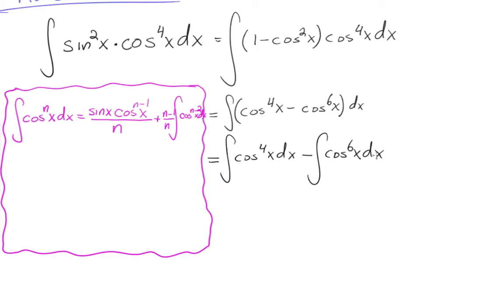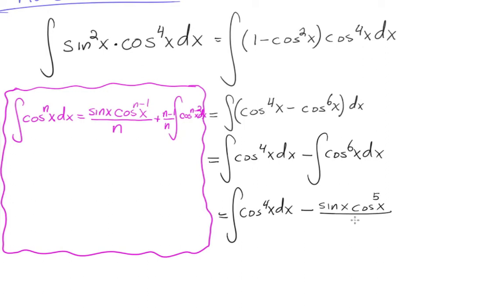That's the plan. Okay, so this is equal to, so I'm going to rewrite the first one. Integral of cosine to the fourth x dx. Okay, and then this one we're going to use the reduction formula. So if I do the reduction formula with n equals 6, this is going to be minus sine x cosine to the n minus 1, which is 5, right?